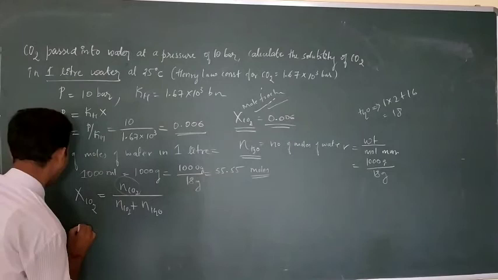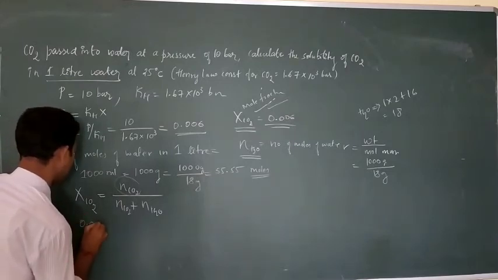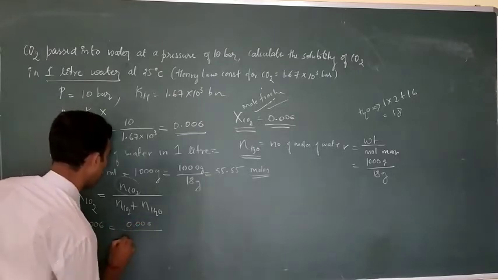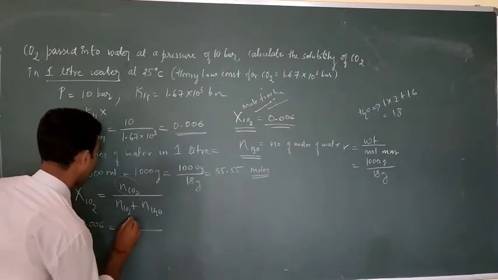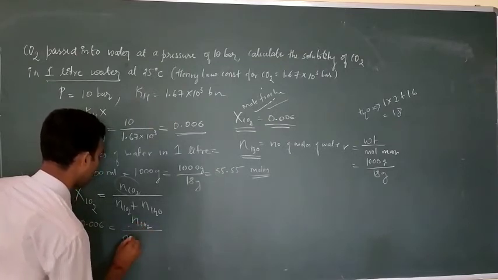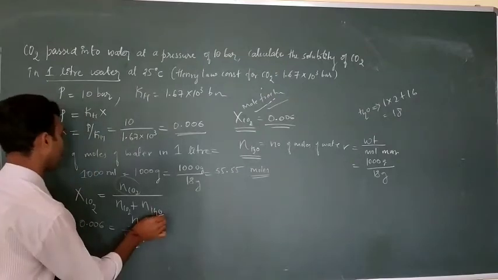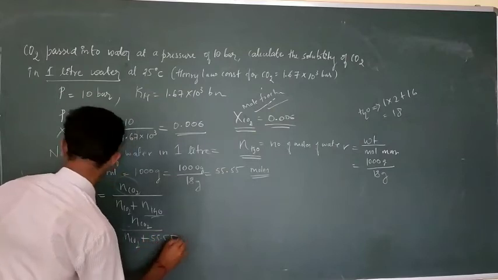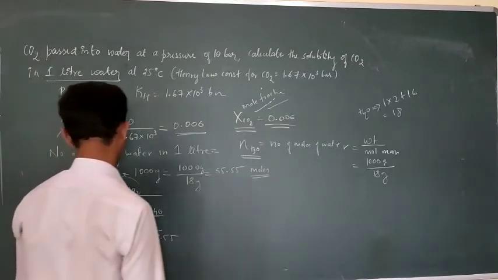The value of X is 0.006, equal to NCO2 divided by NCO2 plus the moles of water we found, that is 55.55, right?